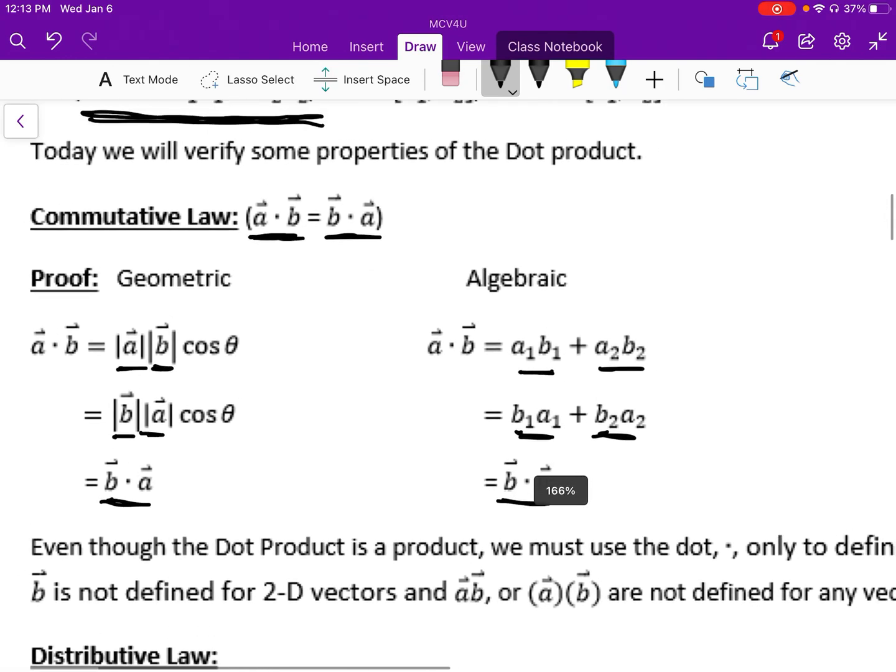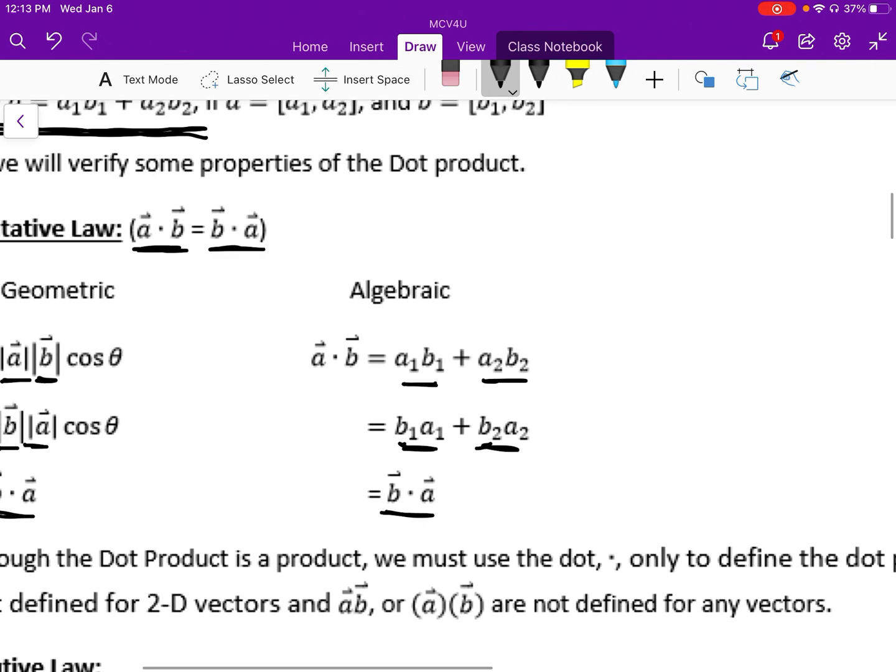One thing to take note of: we are using a dot. So please make sure that when you're doing your vectors, whatever the vectors are, the dot product means something specific. We're not going to be putting them together like we did with scalars before, like 2a, which we knew years ago was 2 times a. We're not going to be doing that for vectors.